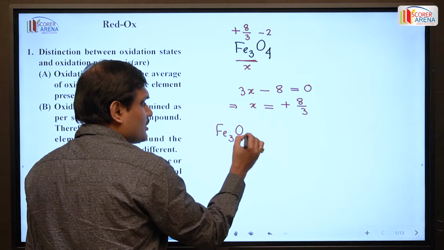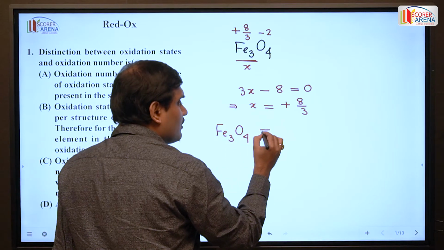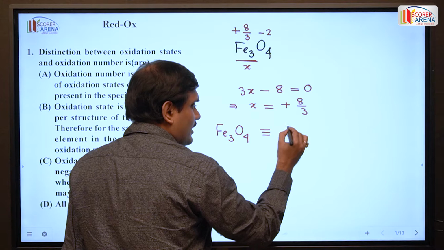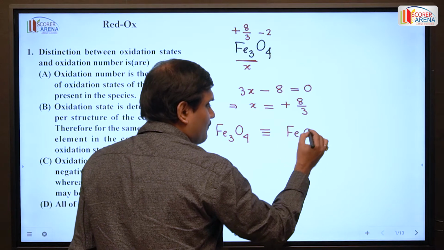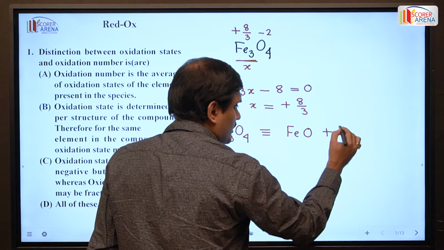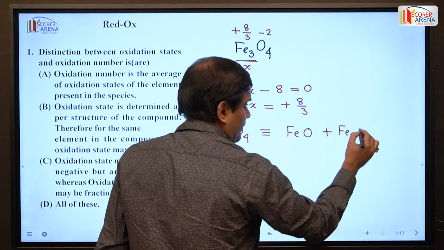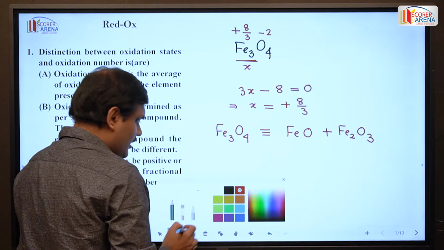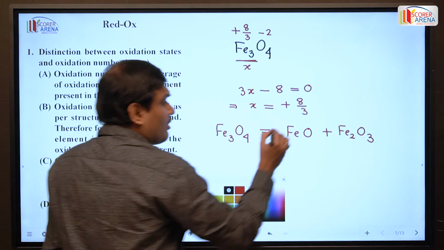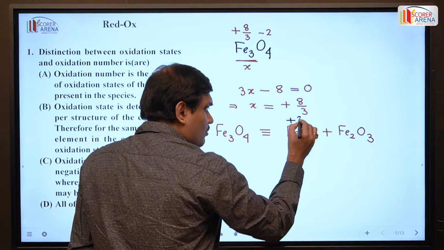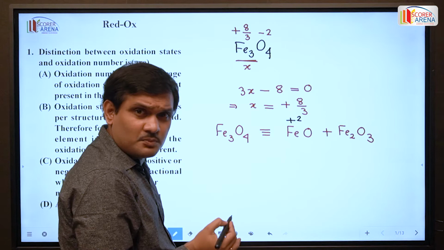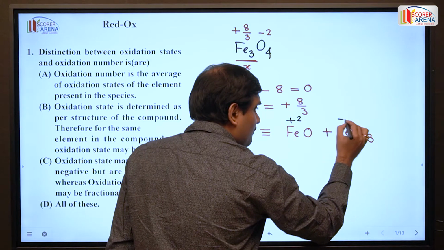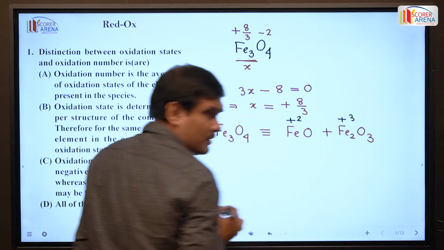It exists in the form of two oxides, FeO followed by Fe2O3. Iron is plus 2 in FeO, and in Fe2O3 iron is plus 3.